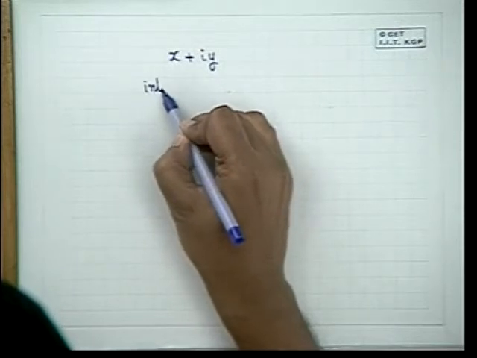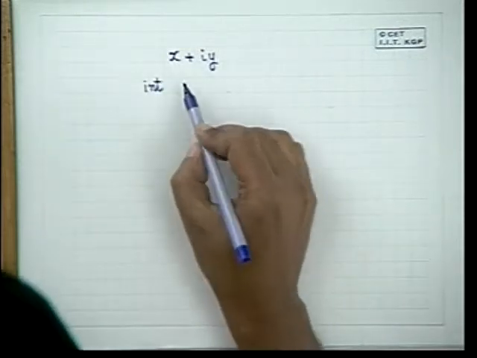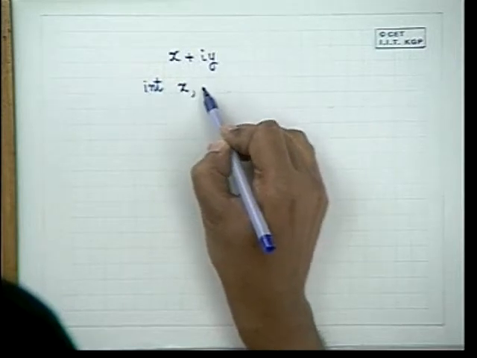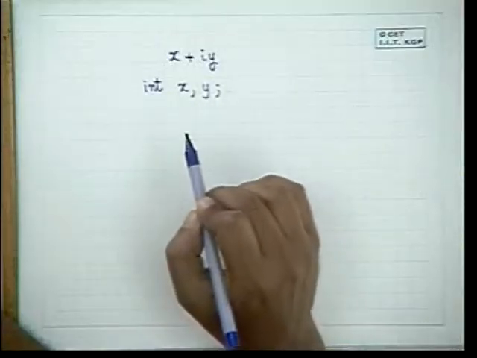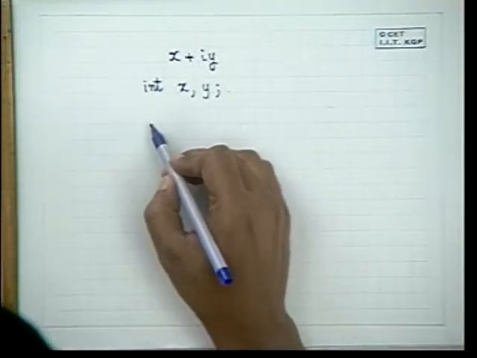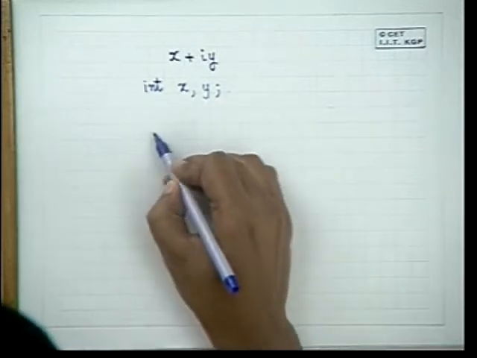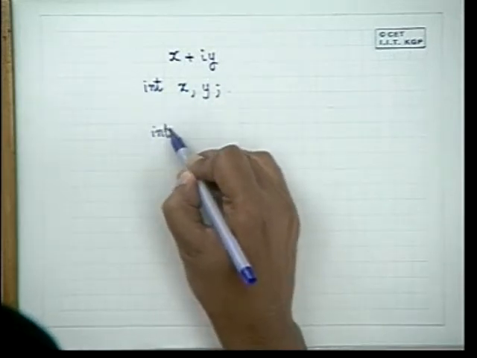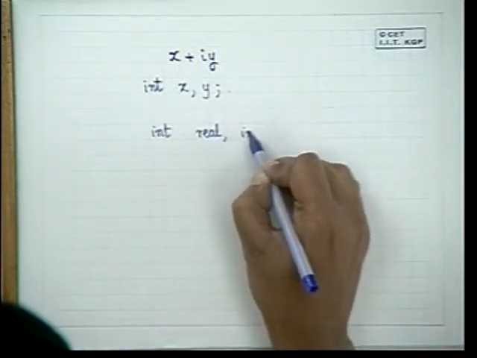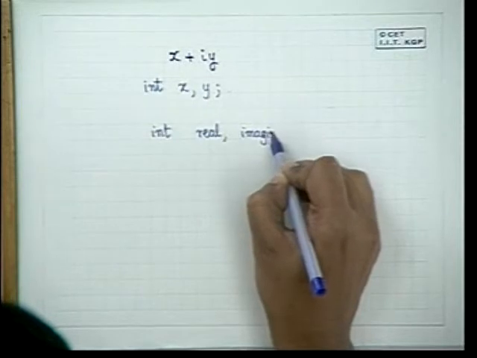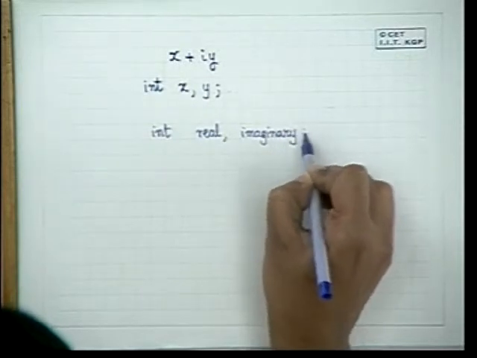So, in whatever we have learnt of C till now, we would have had to define int x and y, and we would have had to remember which of the values is the real part and which is the imaginary part. To make the names much better, we would write real and then imaginary.